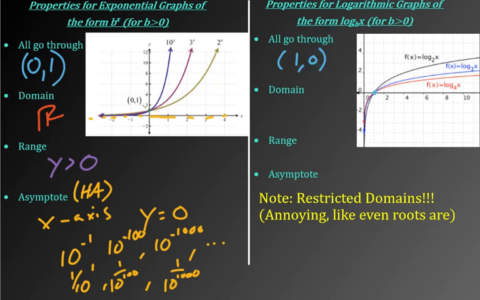Likewise, the domain is related to the range, and the range here is related to the domain because everything's flipping because of the inverses. And so the domain should be now x greater than 0, and the range should be all reals.